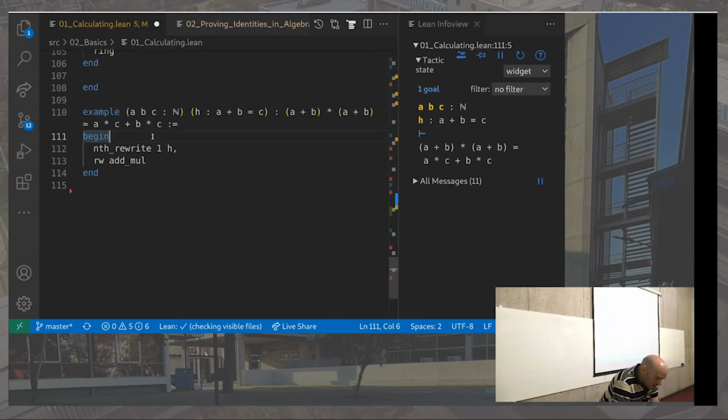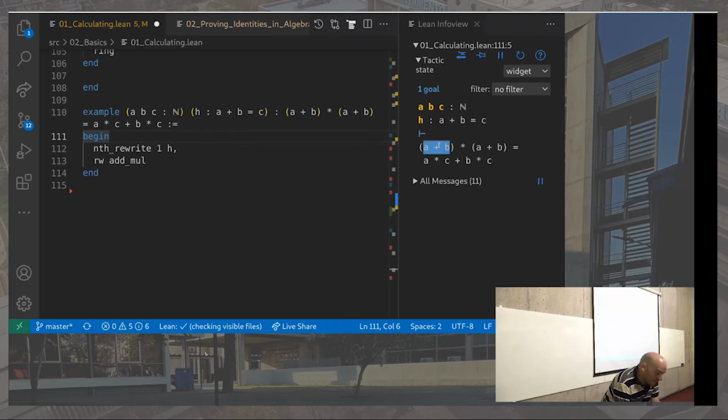So now in this example, we have 3 natural numbers, A, B, C. We suppose that A plus B is equal to C. And we want to prove that (A plus B) times (A plus B) is equal to (A plus B) times C. Something that should be quite stupid.